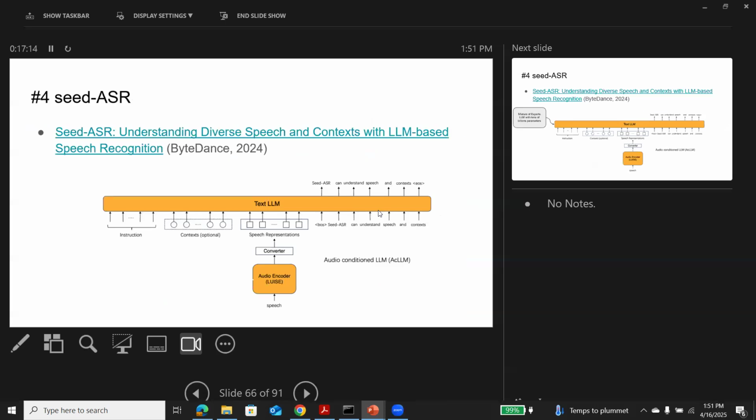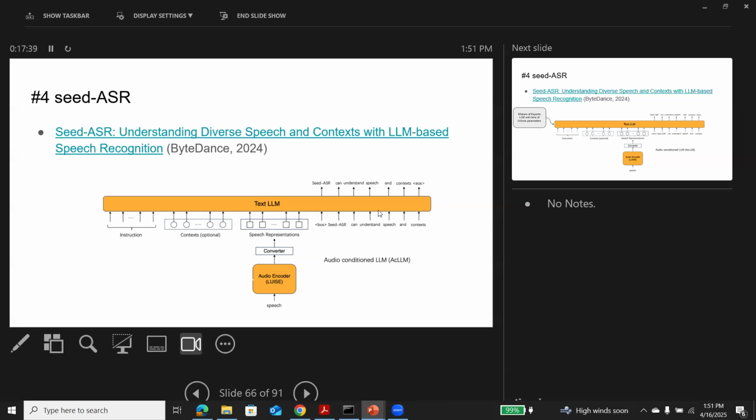Maybe next time I will talk about the language model that uses audio. Actually, next time I want to talk about options. Maybe I can finish. So this is just an idea of how you can incorporate voice into a large language model.